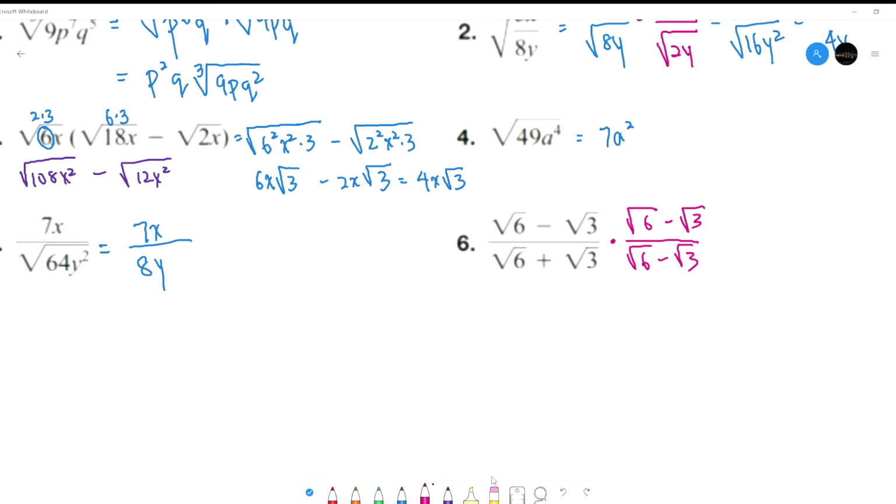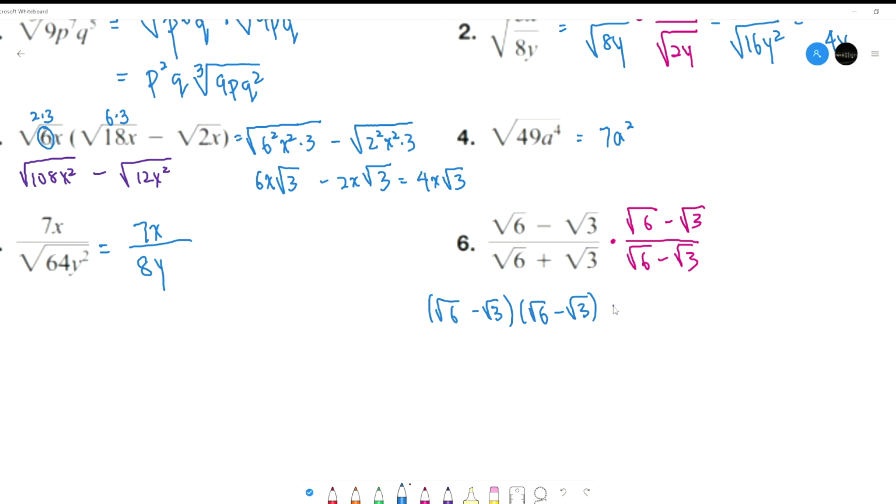Okay, so now we can do the distributive property. The numerator is a binomial squared, so you could either do it the long way, which is by FOILing, like that, or just do the binomial squared, right?